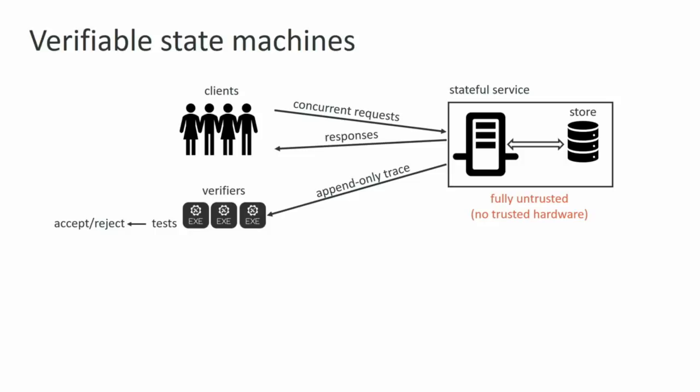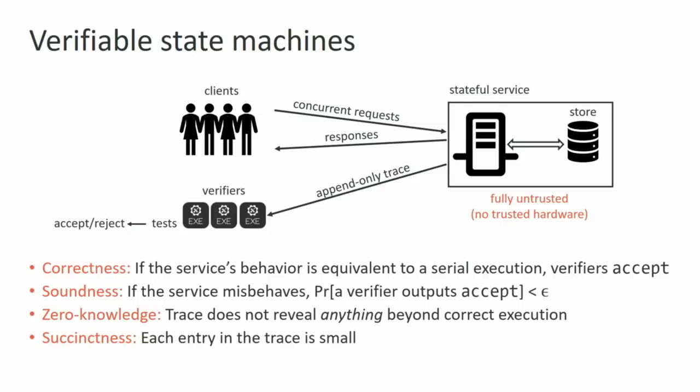And then we call such a primitive a verifiable state machine if it satisfies these properties. First, if the service behaves, that is, the execution is equivalent to some serial execution of the concurrent requests, then the verifiers output accept. Second, if the service misbehaves with the execution of a request or with concurrency control mechanisms, then the probability that a verifier outputs accept should be less than epsilon, where epsilon is very small.